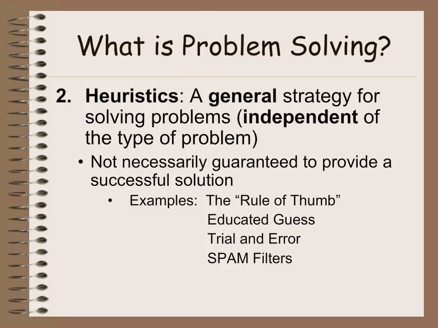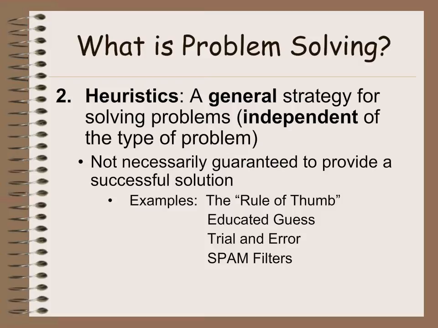The second type of guideline you can use is called a heuristic. It's a general strategy for solving problems and is independent of the type of problem you're trying to solve. So no matter what type of problem you're trying to solve, you can use this method and it will get you a result. Unfortunately, it's not necessarily guaranteed to provide the successful or correct solution to the problem you're trying to solve. In which case, you would then have to try another heuristic to hopefully get to the successful solution.